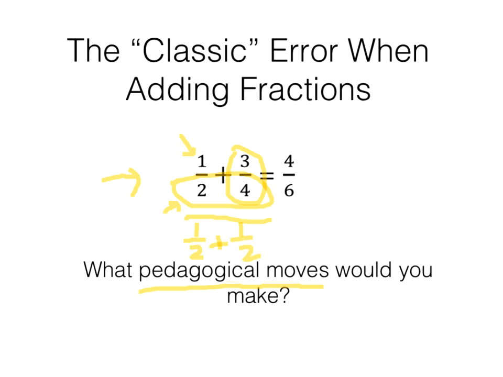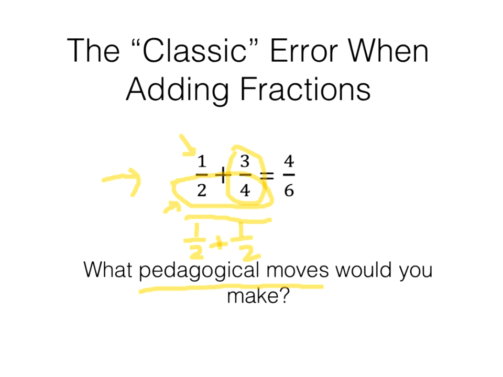But that can come later, just a little bit later. We want to make some sense of it first and foremost. Okay, so that's the classic error. So we really don't want to just deploy finding a common denominator to add as an algorithm first thing.